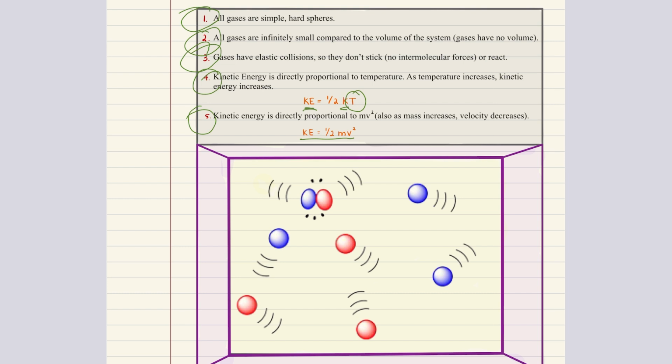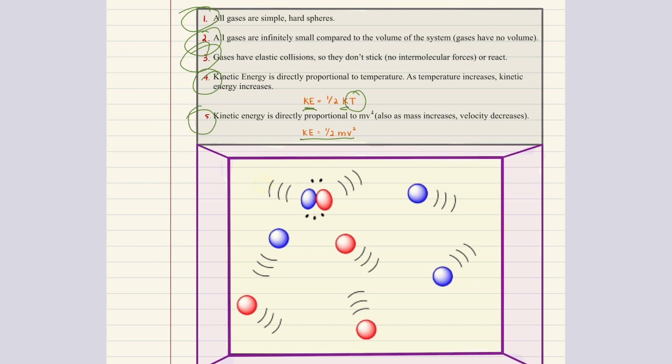Pressure arises from gas molecules colliding with the walls of their container. Temperature reflects the average kinetic energy of the molecules. And because gas molecules are always moving and colliding, their velocities are distributed over a range of values. This is actually described by something called the Maxwell-Boltzmann distribution.